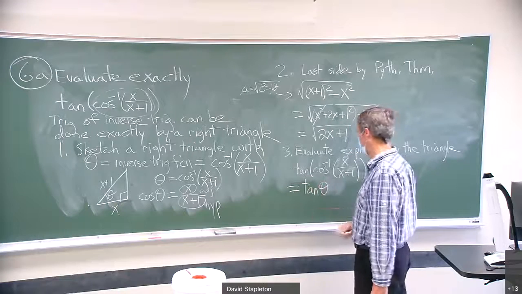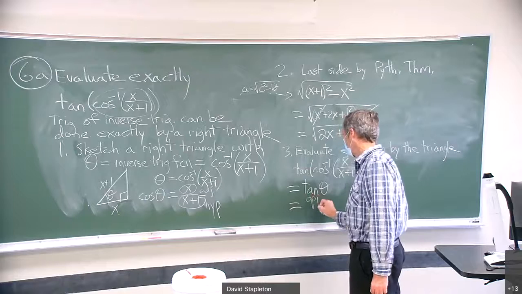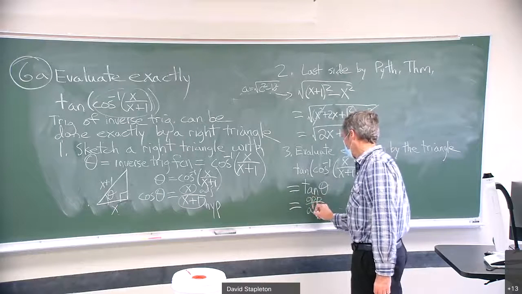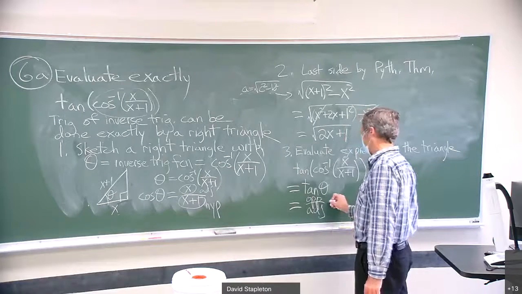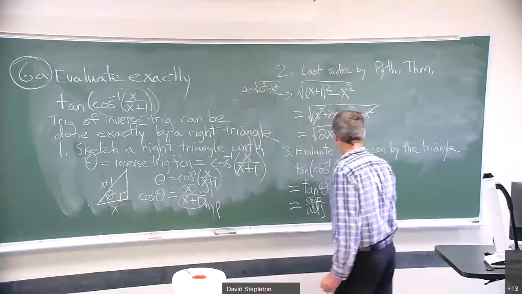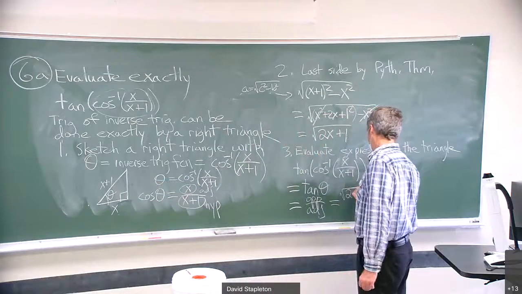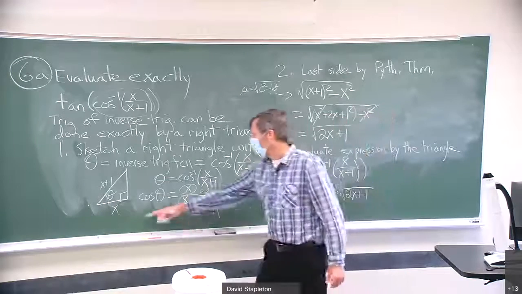Theta is the arc cosine. But the tangent is the opposite over the adjacent. So that would be, the opposite here is the square root of 2x plus 1, and the adjacent is x.